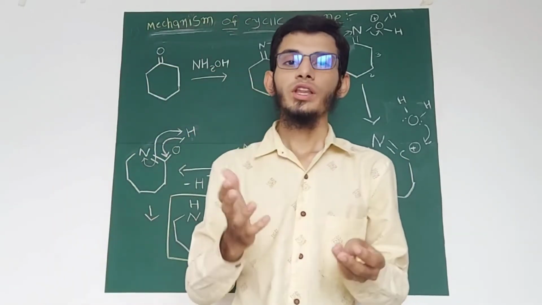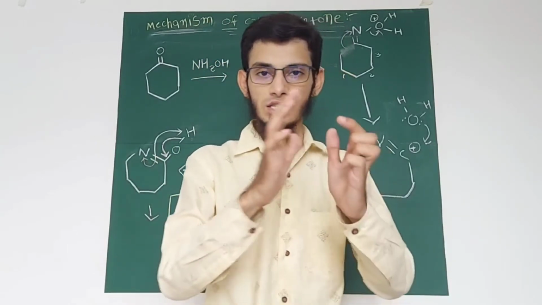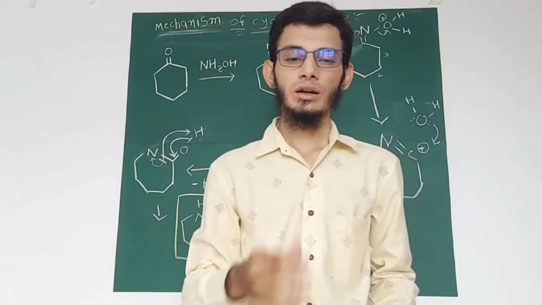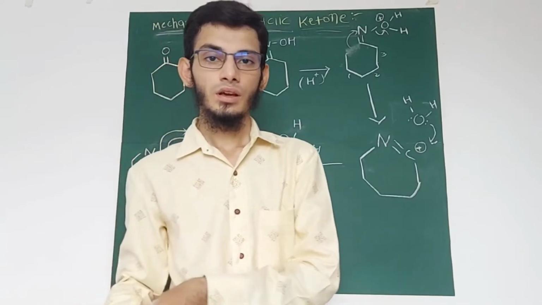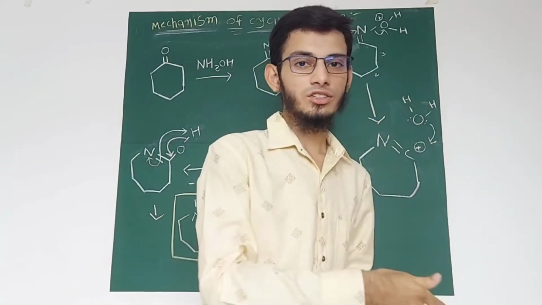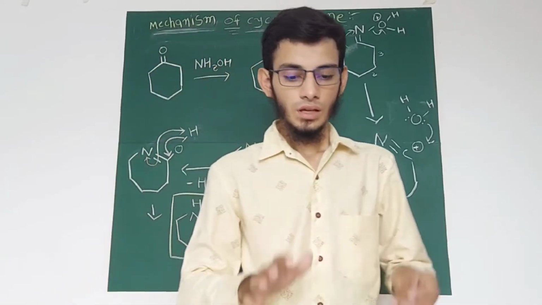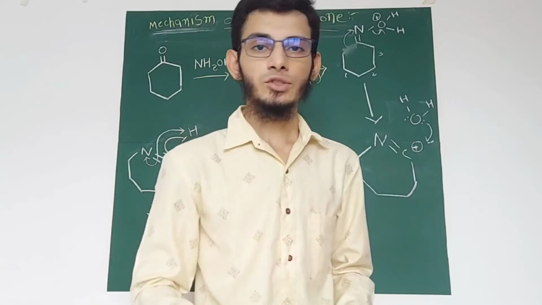you should know that some say that the migratory aptitude is similar in both the rearrangements, very similar: first phenyl, then alkyl, and then hydrogen. In the Schmidt rearrangement, hydrogen, phenyl, and then alkyl. This is not the case. The migratory aptitude is determined by experiments.